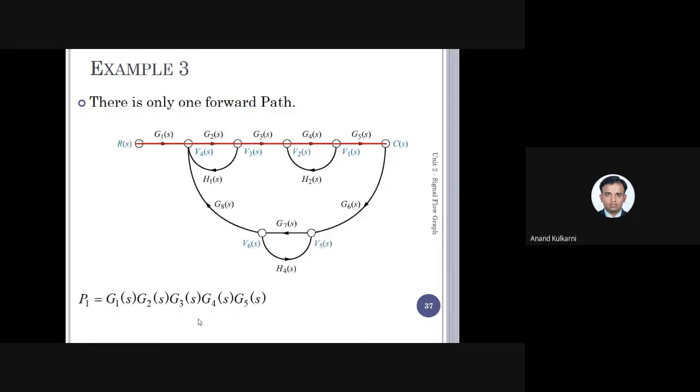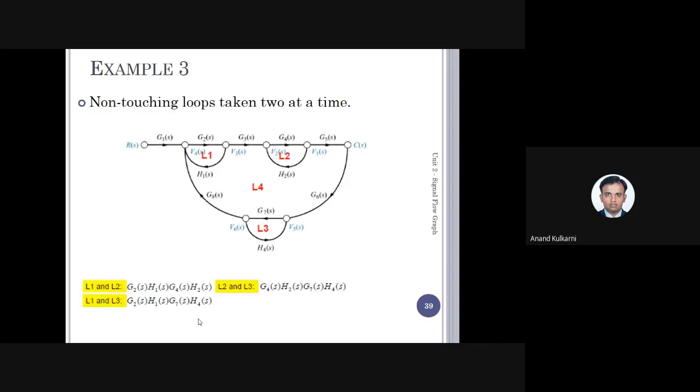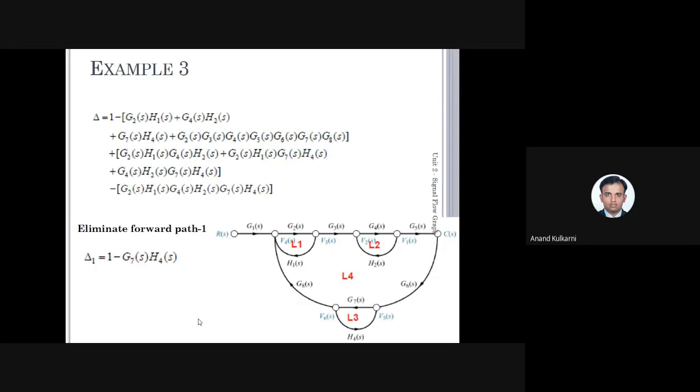It will be 1 minus bracket L1, L2, L3, L4 bracket complete, plus L1 L2, plus L2 L3, plus L1 L3, minus L1 L2 L3.